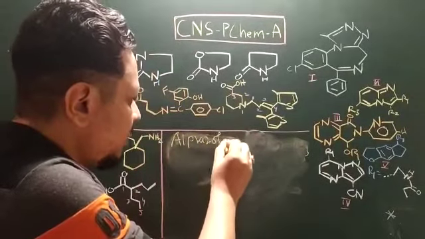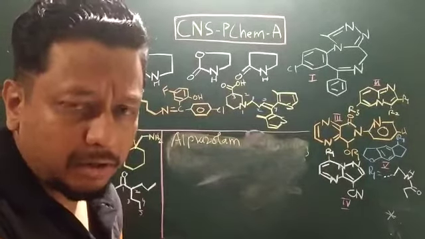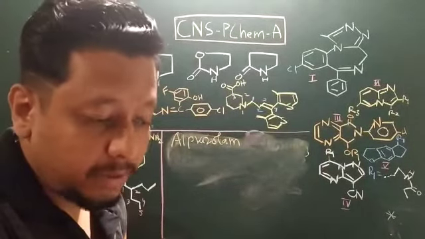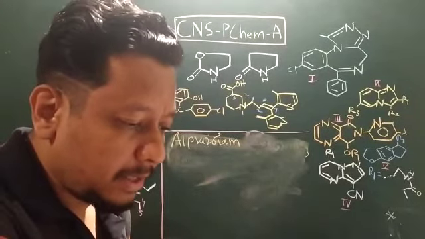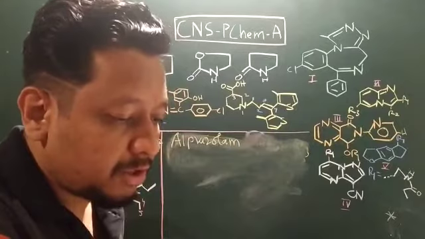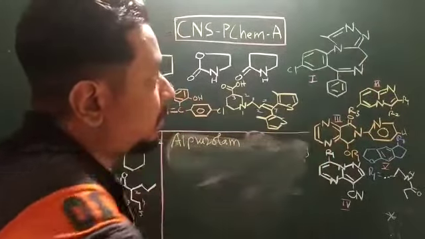This is very famous as a sleeping pill. It is a Schedule H drug; without prescription you cannot get it from the medical store. This structure, if you see, has a triazole ring.